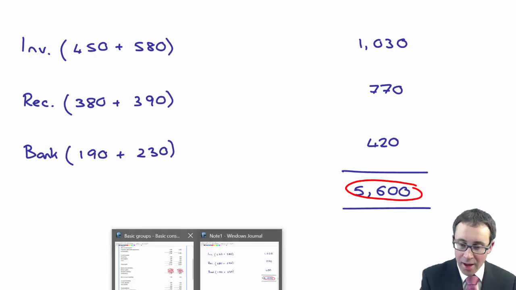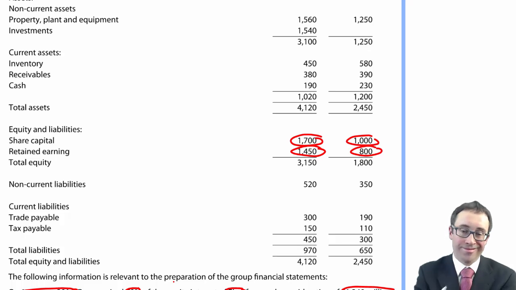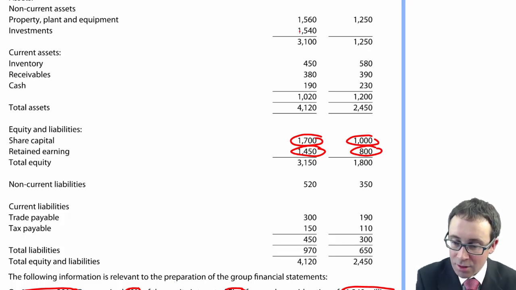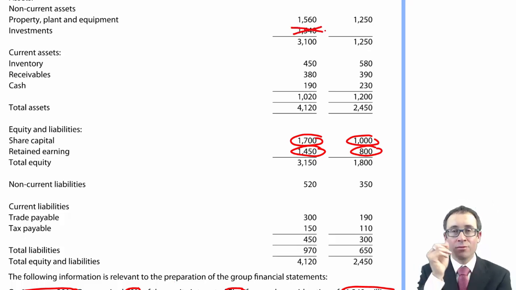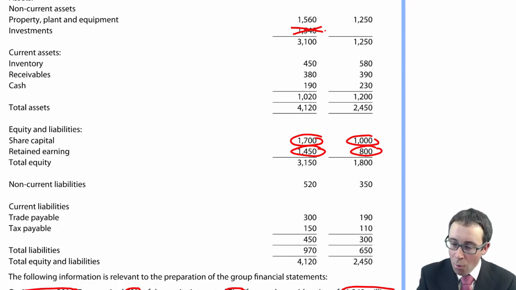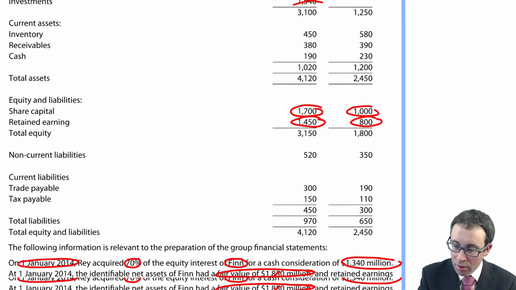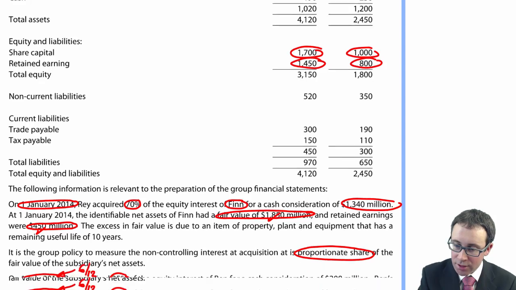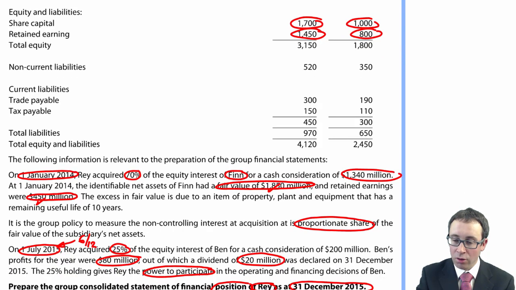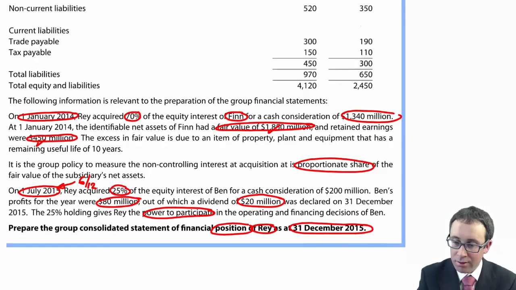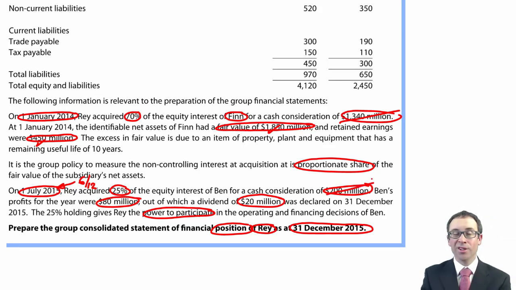The only bit that I would also go through and talk about is the investments. We've ignored the investments, haven't we, of the 1,540. Why? Because you can see, as it scrolls down, that the amount we paid for the sub is 1,340. The amount that we have paid for the associate is 200.